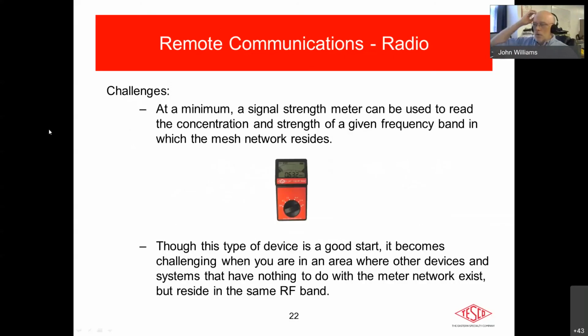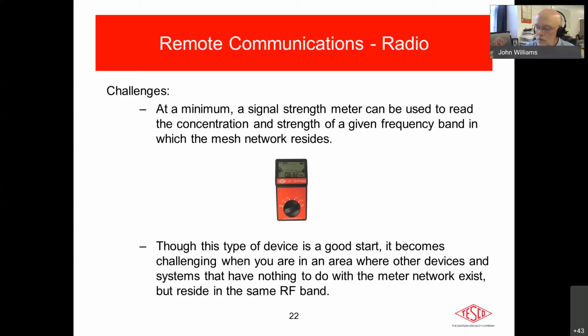Typically, what you would use at a minimum would be a signal strength meter, like the one we have pictured here, the 1120 from TESCO. It's a device that your installers can take out with them. It's got an RF band on it. It's a general sense kind of meter, right?